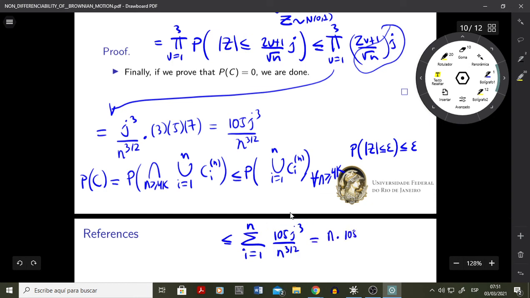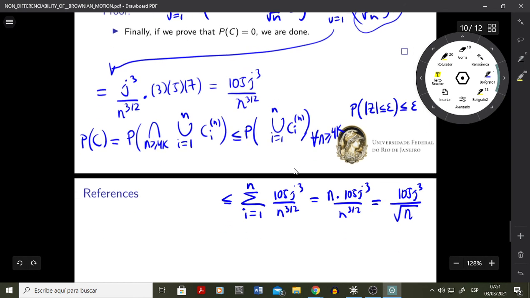And this is equal to this. And this is happening for all n greater or equal than 4k.